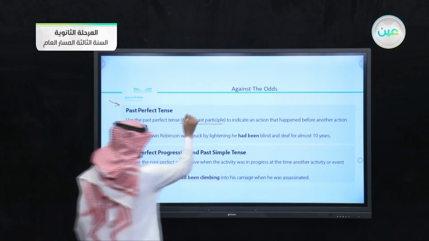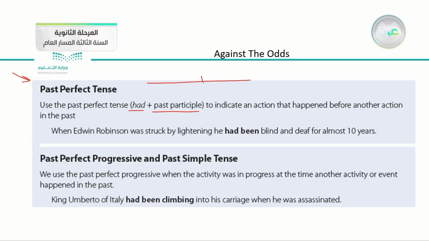So if we have a timeline, this is the present and this is the action in the past. Here happens the past perfect tense. This is the present.